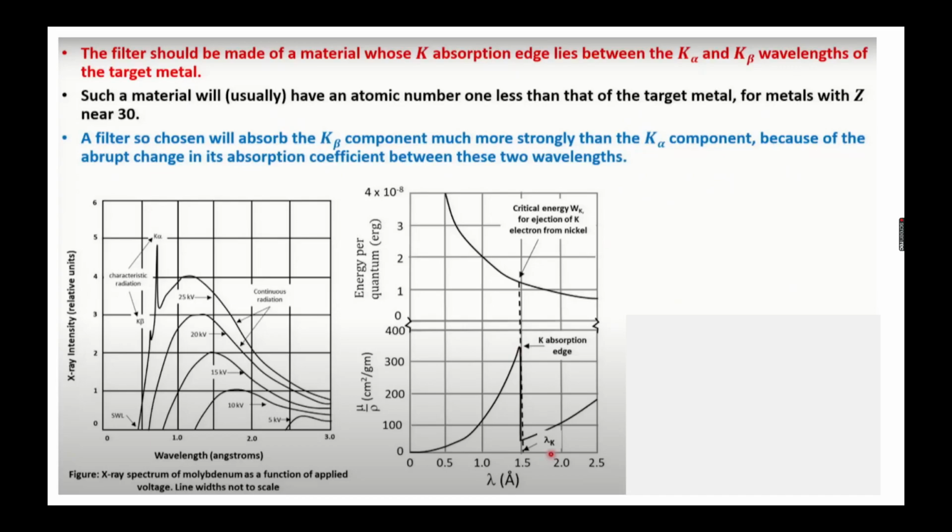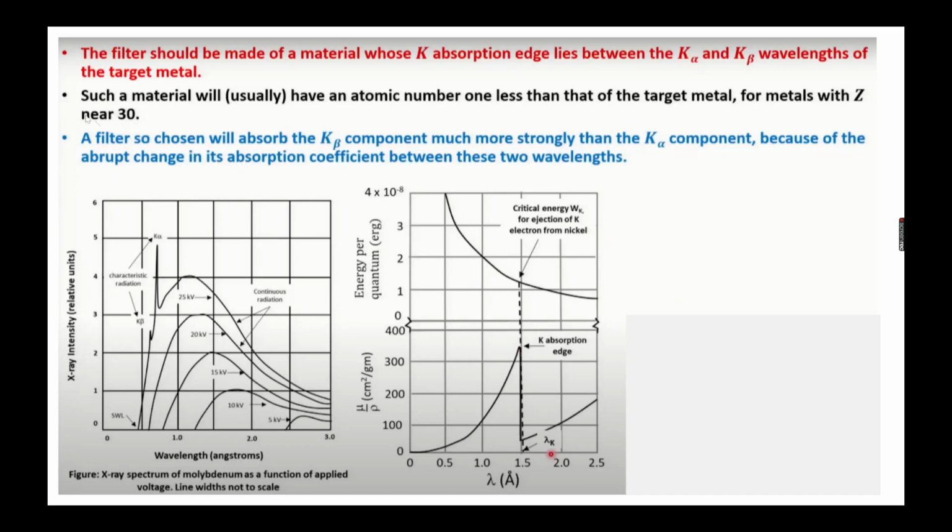Keep in mind that in this plot you can see where the K absorption edge is coming. So in terms of atomic number, such material will usually have an atomic number one less than that of the target metal, for metals with Z near 30.